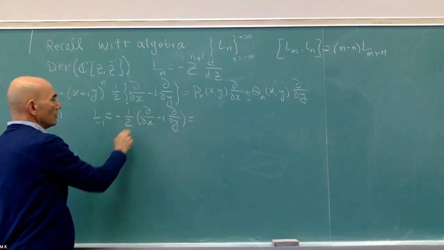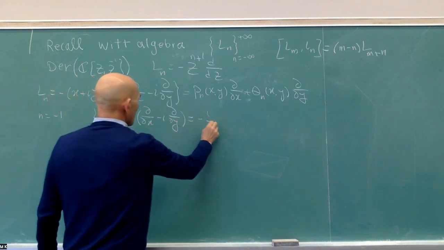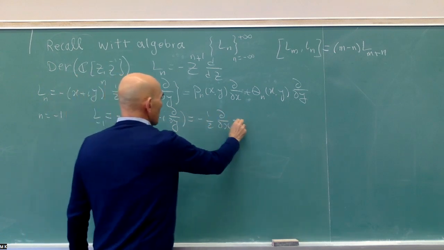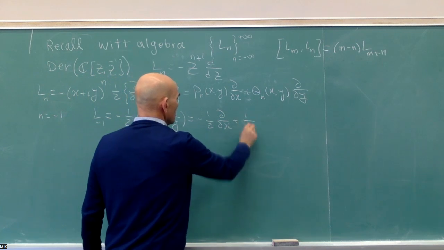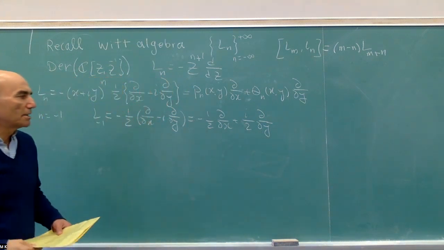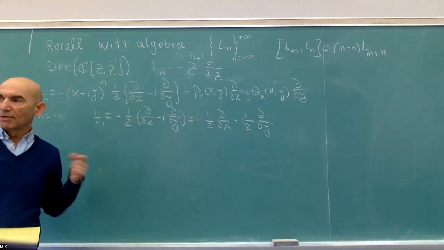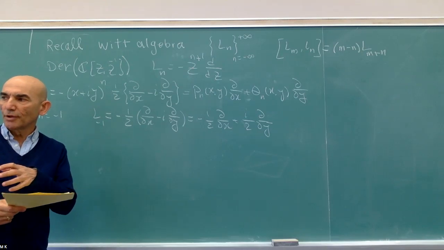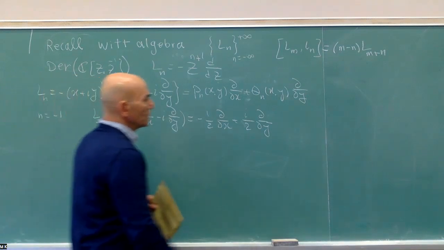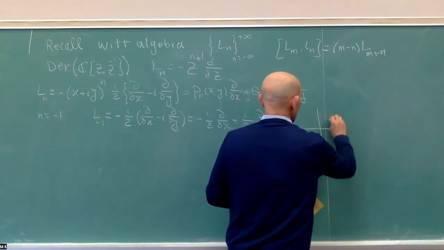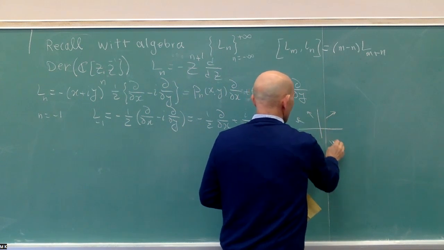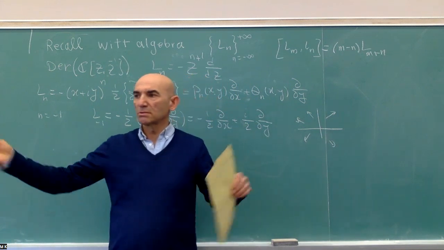So that's equal to minus 1/2 d/dx plus i/2 d/dy, right? Then this is just a constant vector field pointing in a fixed direction. So this one would be something like this, and its length doesn't change. It's just that vector field.